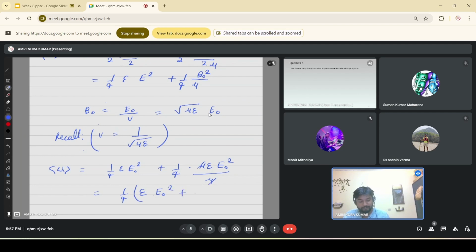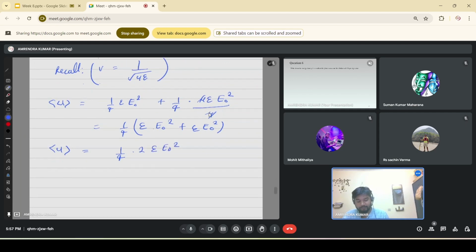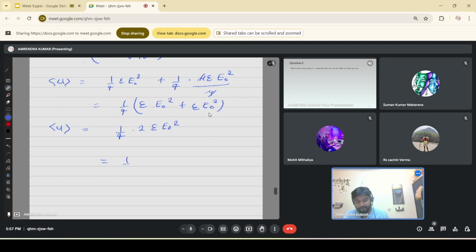This cancels out with mu, and the total comes out to be 1 by 2 epsilon E naught square.